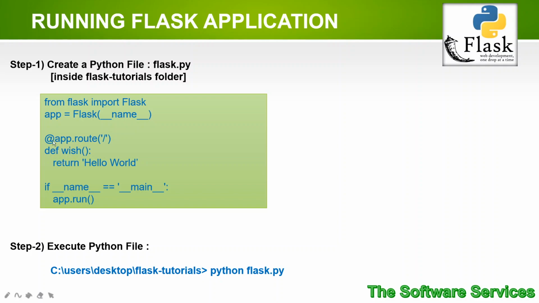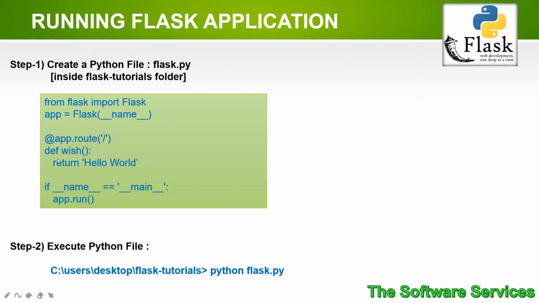For the decorator we need the at-the-rate sign; a function which starts with this at-the-rate sign is a decorator. So @app.route, and in the parenthesis it is the URL pattern. One must give the URL pattern, friends.